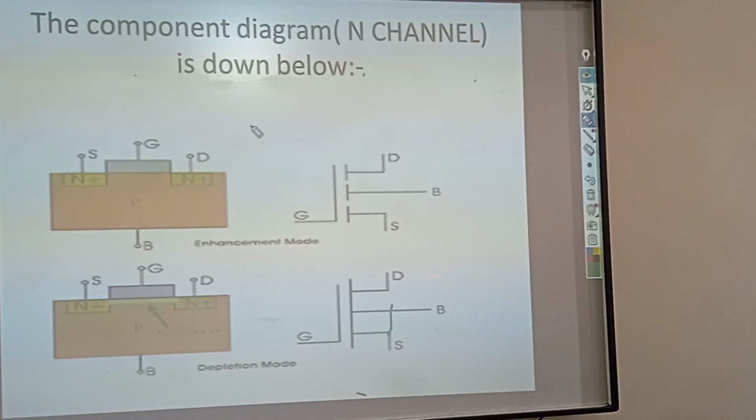Now in this you can see this. So here there's a p-n junction. Wait. This is a p-n junction. So it cannot move. You can see this gate.